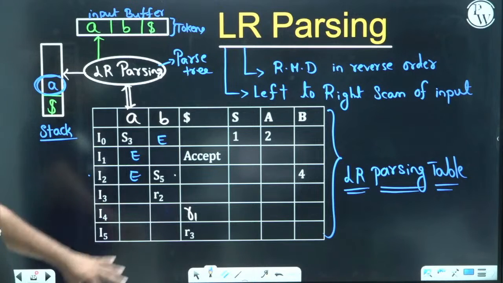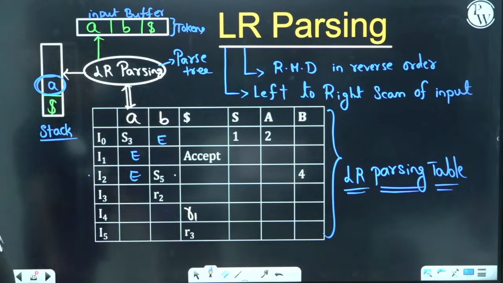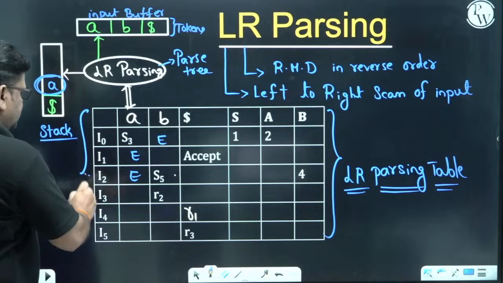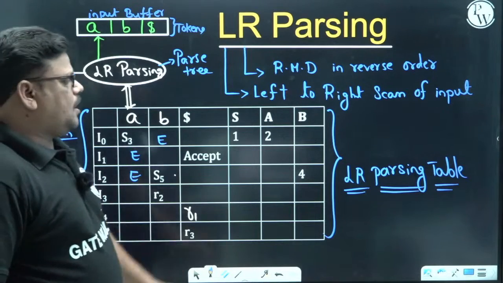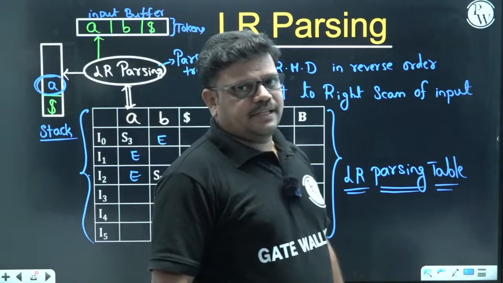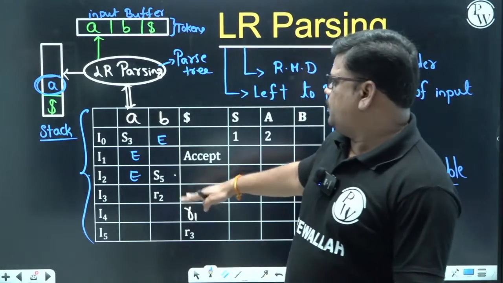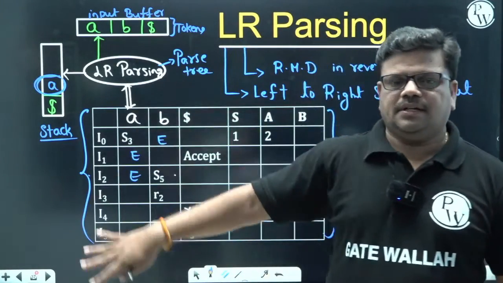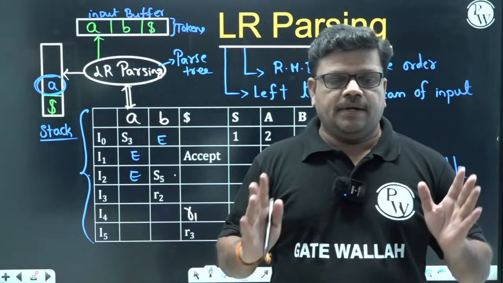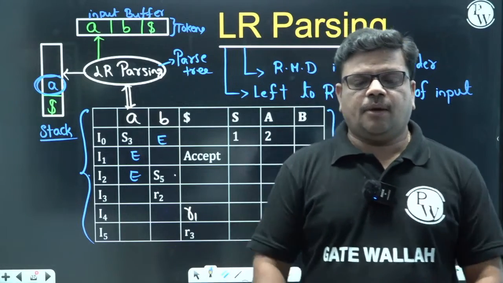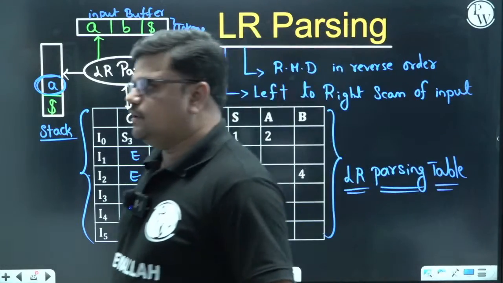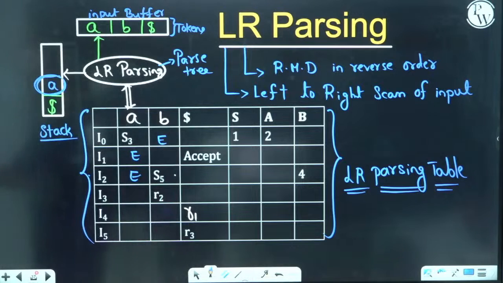Okay, so in today's class, let us focus on how to design these tables. If the table is there, then only can we attach it and run the total LR parsing. Is it clear up to this? Is it clear for everyone? So in today's class, our aim is designing this table. The name of the table is the LR parsing table.